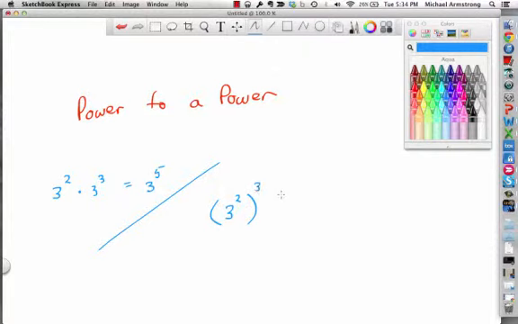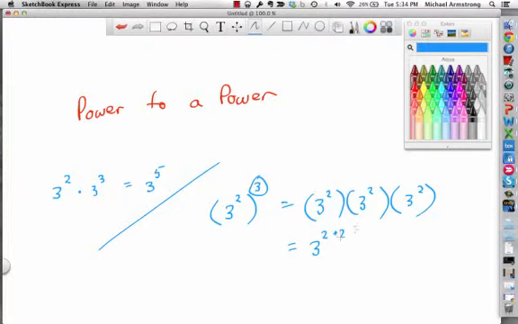And that becomes a multiplication problem, because that's the same thing as having 3 to the second times 3 to the second times 3 to the second. See, because it's to the third power, we have 1, 2, 3 of them. So that's the same thing as 3 to the 2 plus 2 plus 2, which is 3 to the sixth.